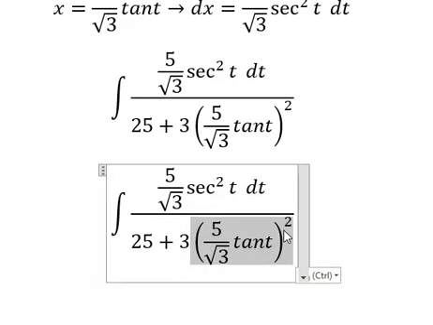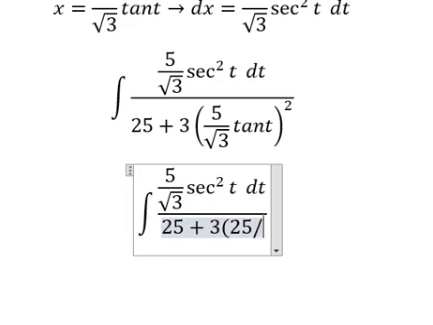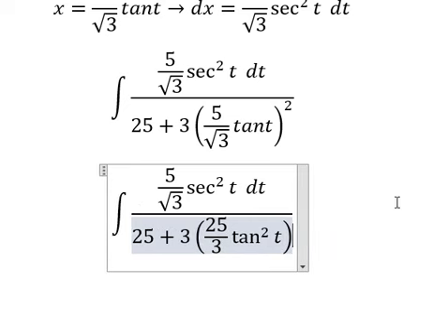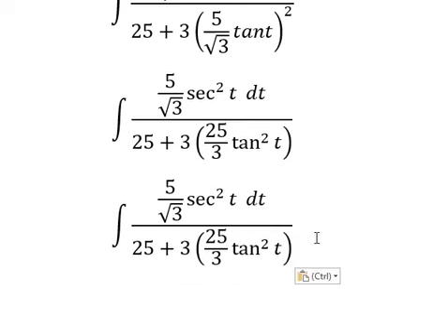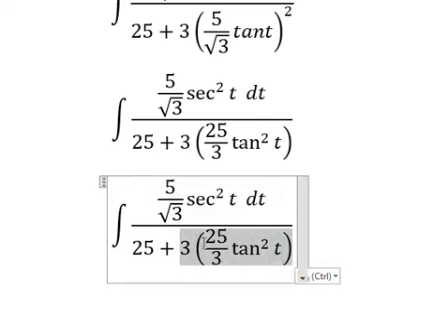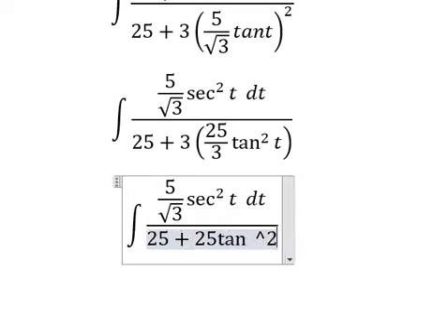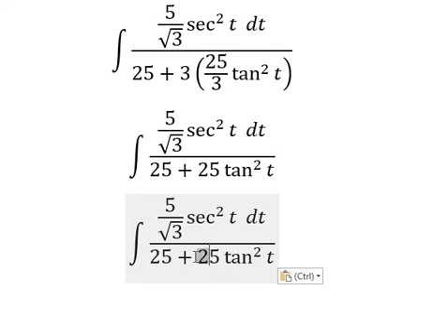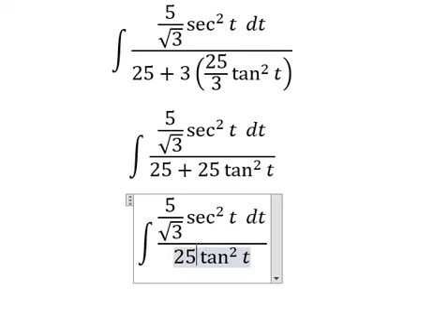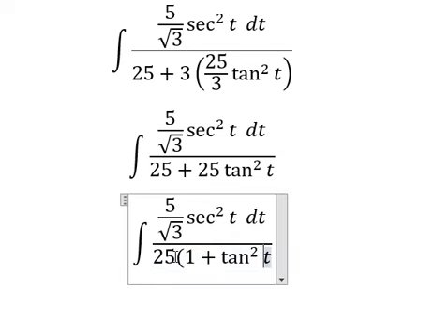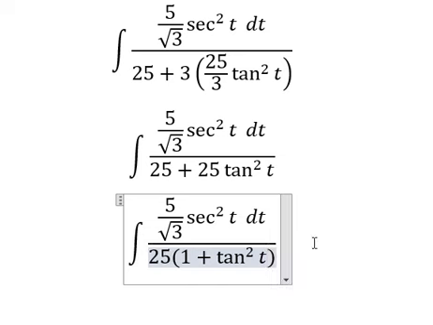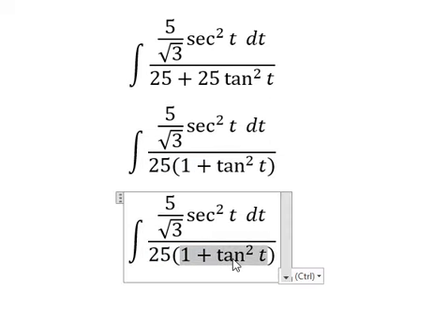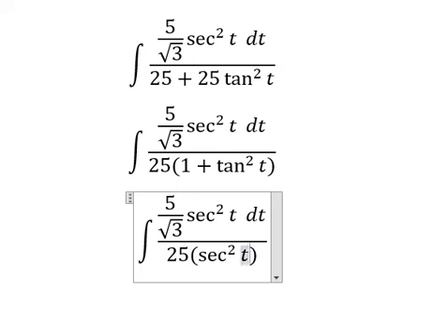So this one is 25 over 3 tan t squared. So 3 and 3 we cancel. 25 we can factorize. This one is secant of t squared.